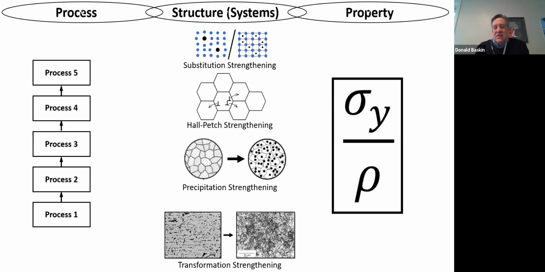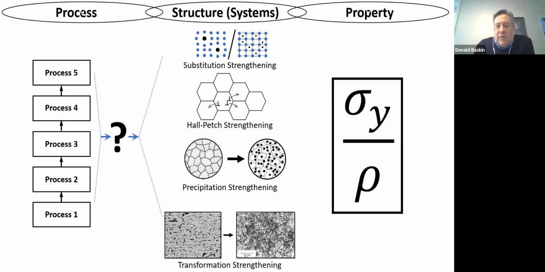We can plug that into this diagram that has the three chain links and the subsystems. So we've plugged those in here. I've plugged in solution strengthening. I've plugged in Hall Petch. I've plugged in precipitation strengthening. I've plugged in transformation. These are the microstructures that we potentially want to use in order to increase the strength to density ratio of this material.